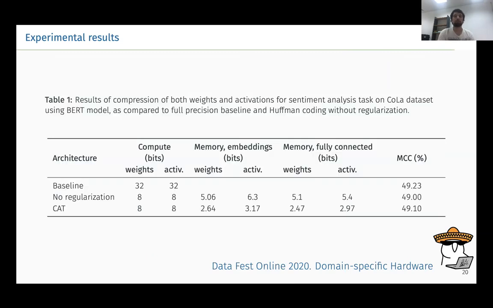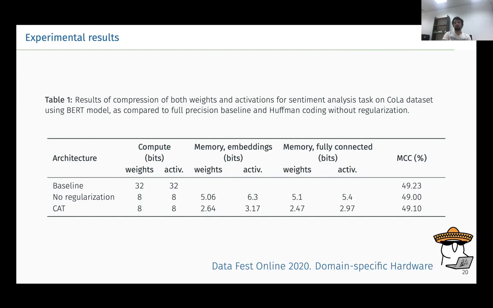We also worked on BERT. We tried to compress both weights and activations in this case. We applied BERT on a sentiment analysis task on the CoLA dataset. And in this table, you can see comparison with quantization to 8-bit with and without regularization.